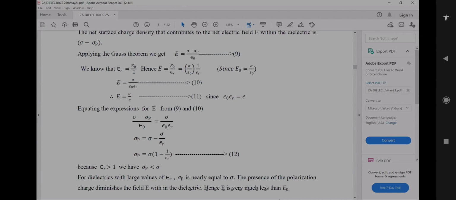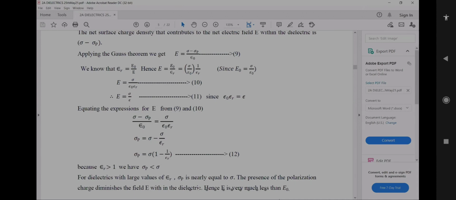From this it is clear that due to the presence of the dielectric slab, charges are induced within the dielectric material.